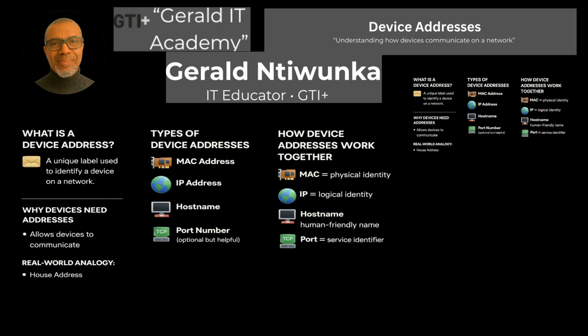No two devices on the same network can have the same network address. In this video, we will look at two types of networking address. Number one, the physical address, and number two, the logical address.